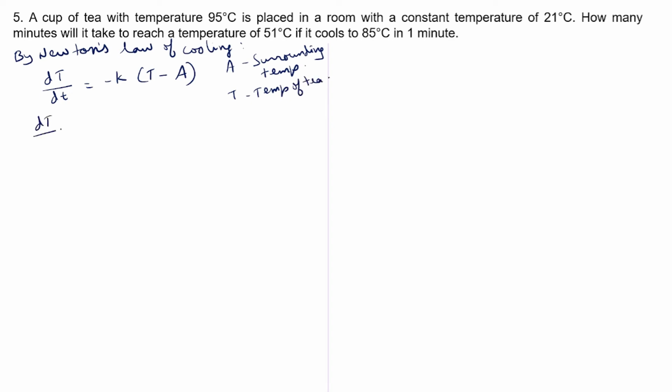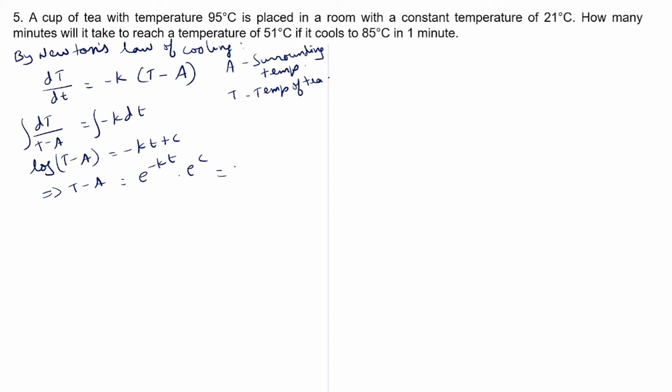So from this we can write dT by T minus A equal to minus k dt. So we can integrate. So ln of T minus A equal to minus kt plus C, or we have T minus A equal to e raised to minus kt into e raised to C. So this is equal to lambda into e raised to minus kt.